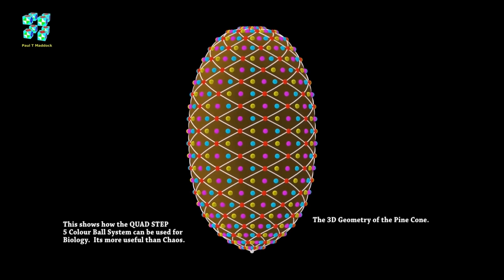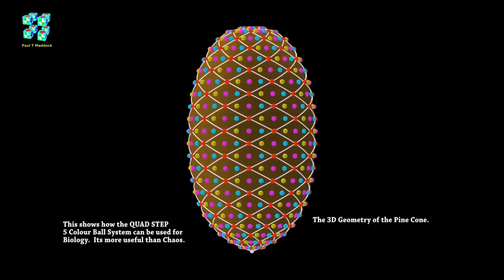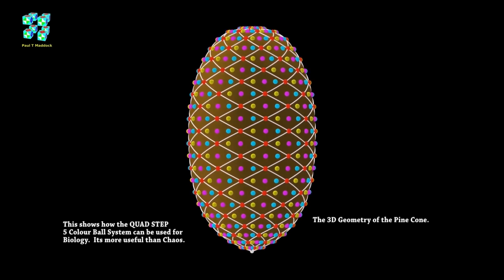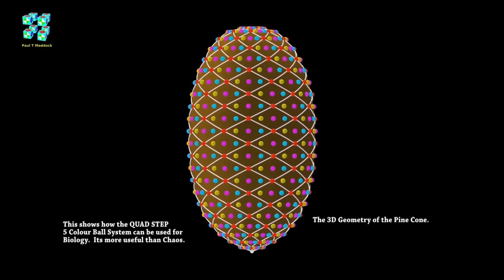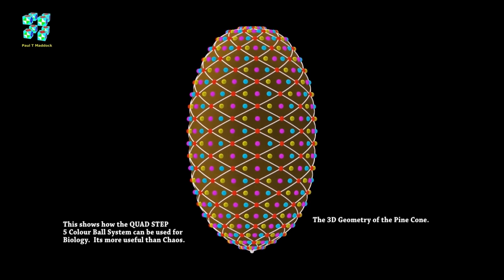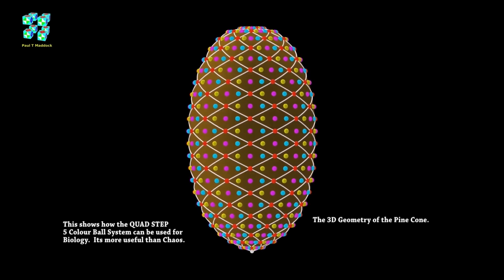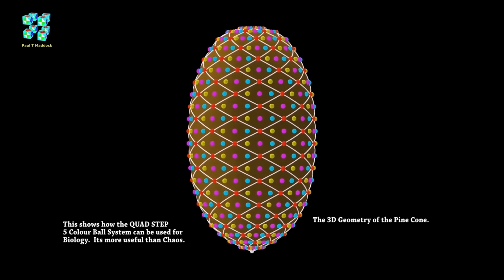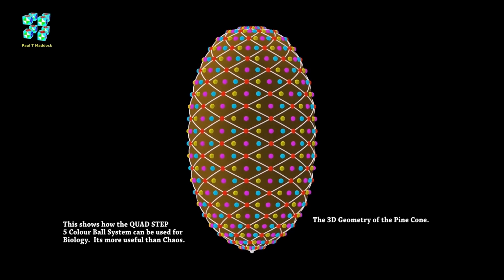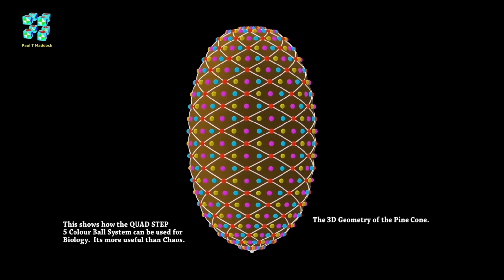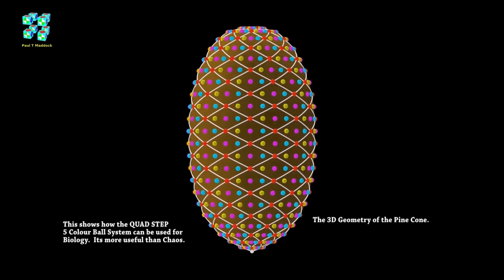For example, I showed that you could produce the 3D geometry of a pine cone using quad step. I also showed that the geometry of a pineapple or the 200 seed pattern of a strawberry could be produced by this method. Now this is something very simple, but there's something to this 5-point division of 4 angles.